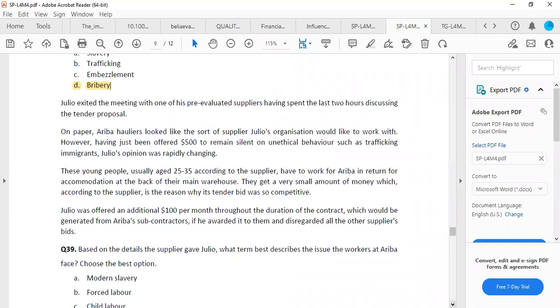Because they are not paying adults, they are paying children, so they can put a lower price. Julio was offered an additional $100 per month throughout the duration of the contract, which would be generated from Ariba's subcontractors if he awarded it to them and disregarded all the other suppliers' bids.